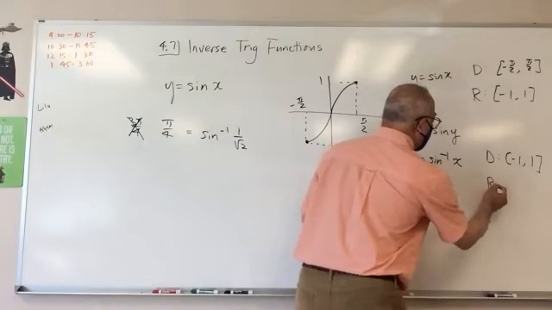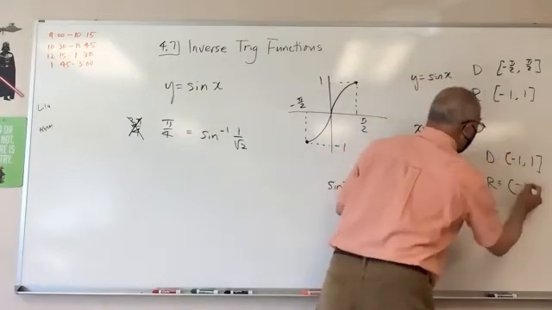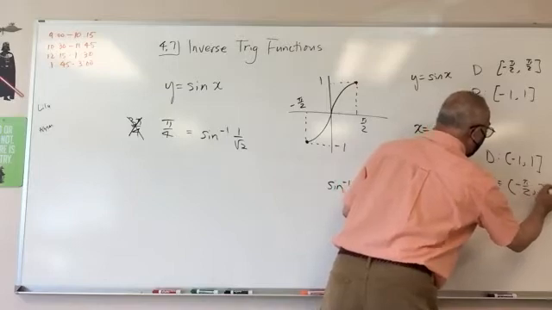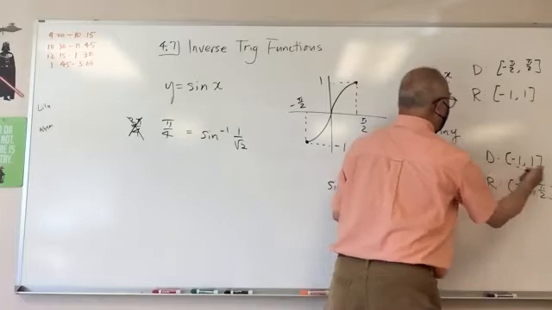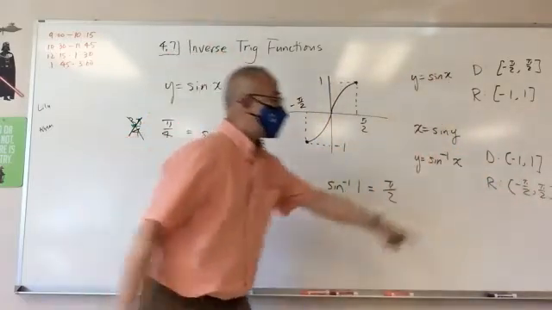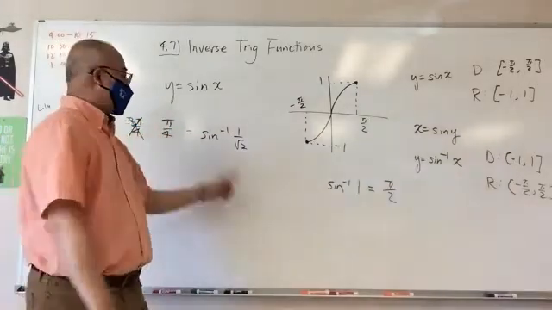So the range is this guy here, because it was the domain before. Now it is the range. In other words, I cannot have 3 pi over 4 as my y value.